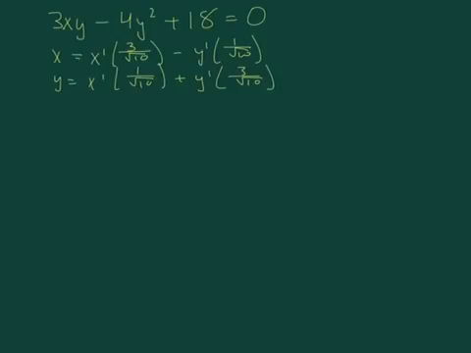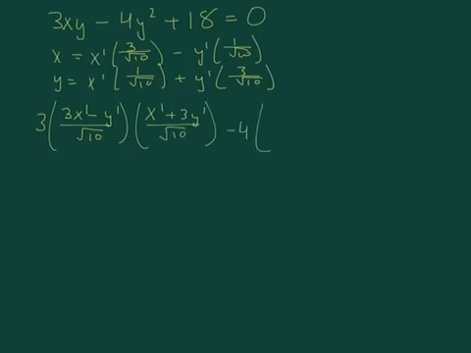Now you plug your x and y into the original equation. So we have 3 times 3x prime minus y prime over root 10 times x prime plus 3y prime over root 10, minus 4 times x prime plus 3y prime over root 10 squared, plus 18 equals 0.